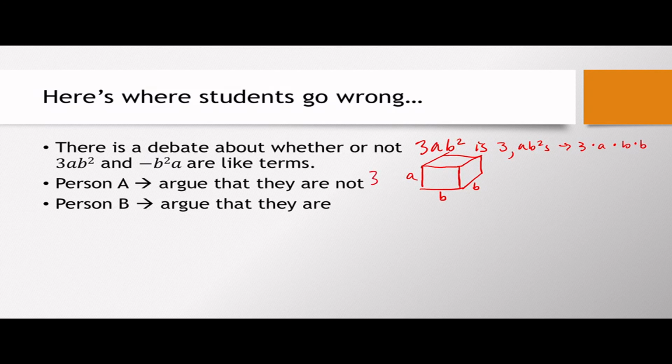So here's 3ab squared. There's one of them, there's two of them. A short rectangle for the a side, and a long b depth for that one.